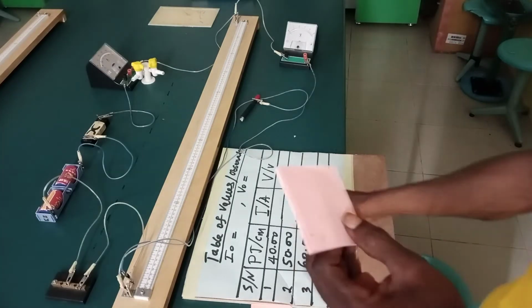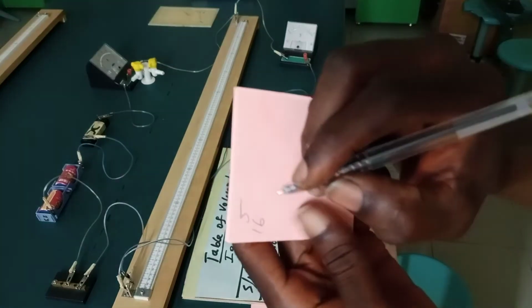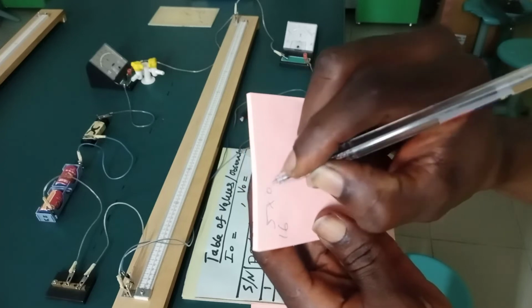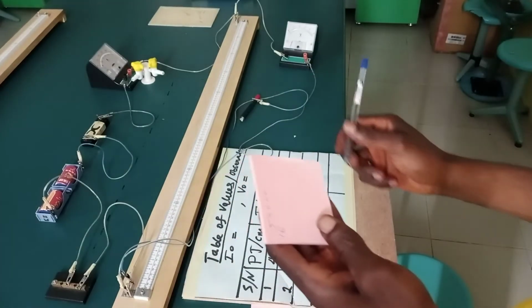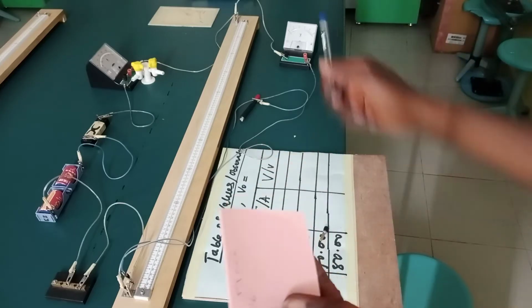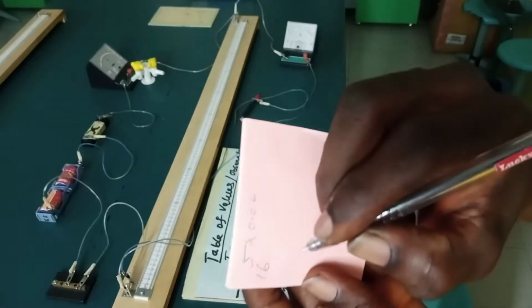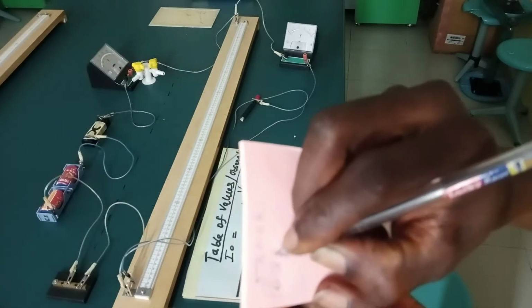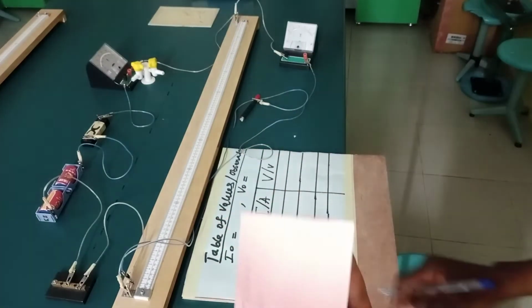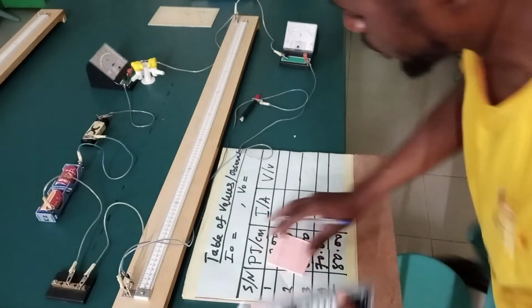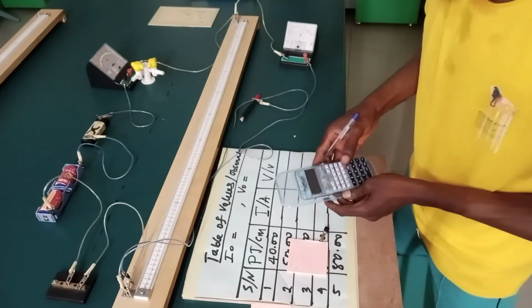Meaning this 5 times 0.06. That is what I mean. And then the voltmeter is 16. It means 16 times 0.1. So I will record the values here to 2 decimal places. So let's do it quickly.